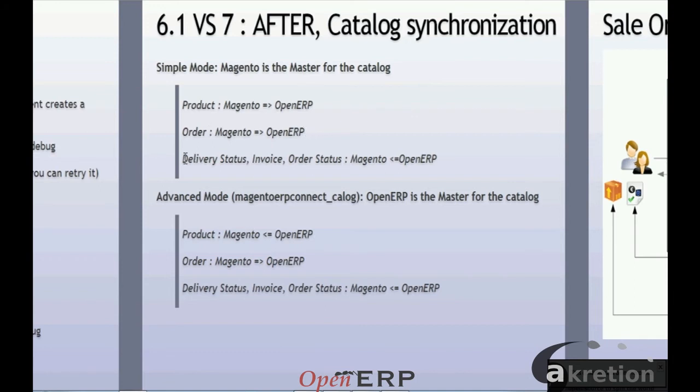And all of the delivery status, the invoice, and order status is pushed from OpenERP to Magento. And there is an extension, Magento Connect Catalog, that gives you the possibility to edit the product in your OpenERP and then to push it in Magento.